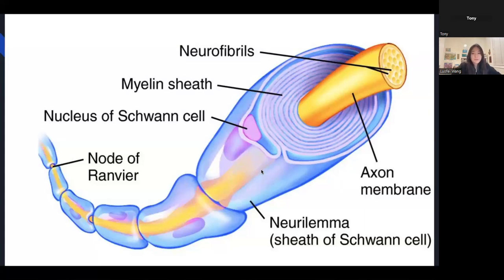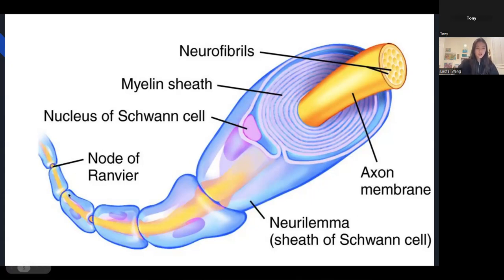So myelin sheath will speed up the propagation of an action potential. And this is because they have certain nodes of Ranvier, which are areas without the myelin sheath. And so basically the action potential can only happen at these nodes of Ranvier because these other parts are all insulated.